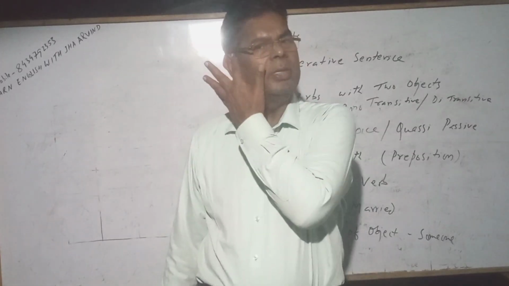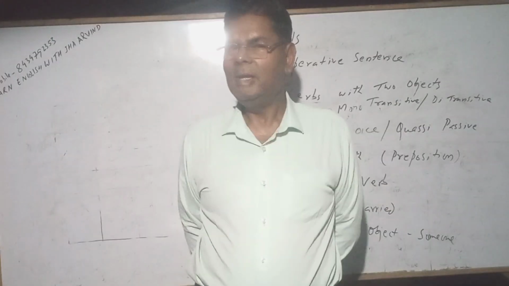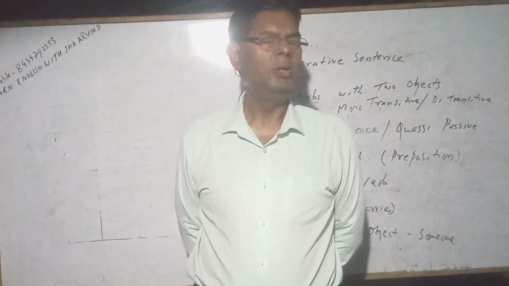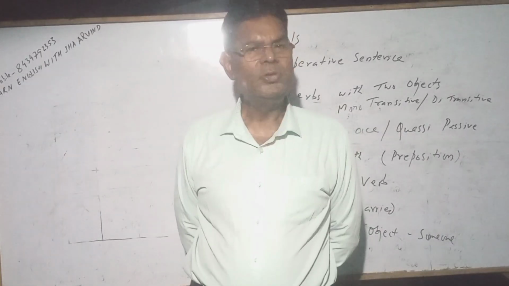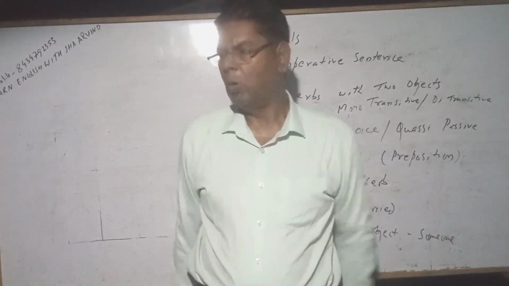So, how will you change the sentences of modal into passive voice? For example, I can speak English. When you change it into passive voice, you will not change can into could. Okay, you will just follow the rules.